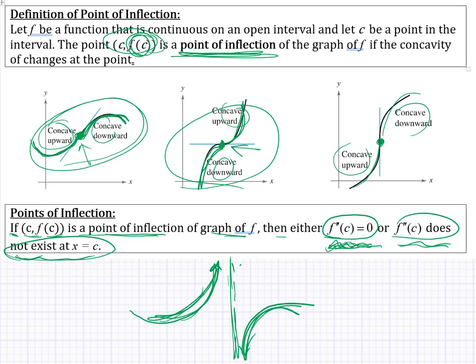Typically we're only using that term to define the first derivative being 0 or undefined. If the second derivative is 0 or does not exist, we don't call that a critical number, although it is acting like the critical numbers did for the first derivative, in that it is a place where a particular derivative, whether it's first or second or third, is equal to 0 or does not exist.